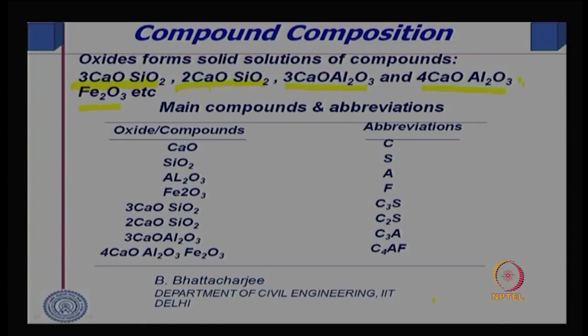So, therefore, in cement chemistry we do not write them time and again, 2 CaO SiO2, we abbreviate them.